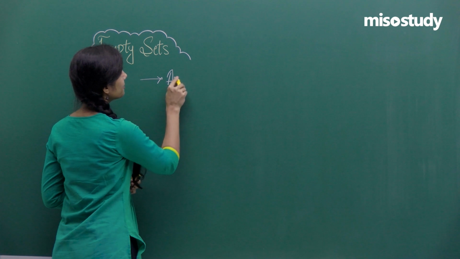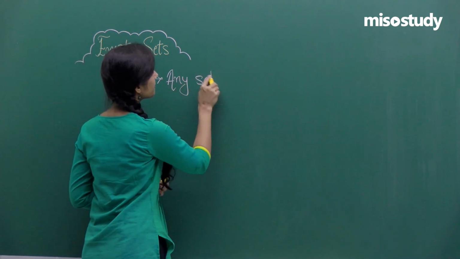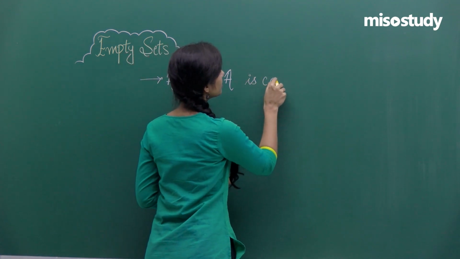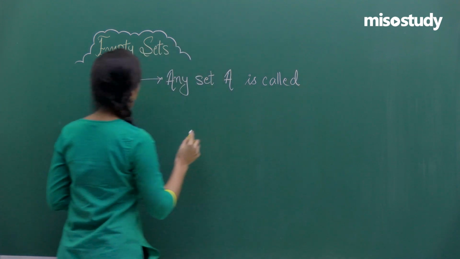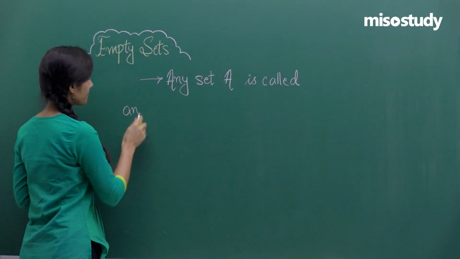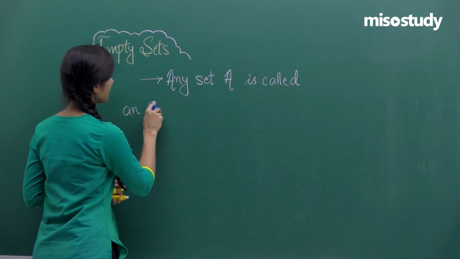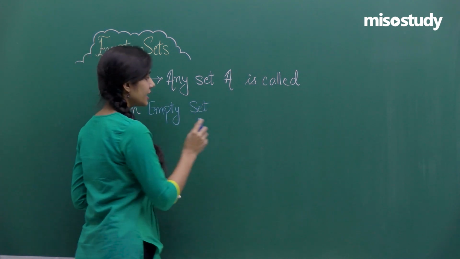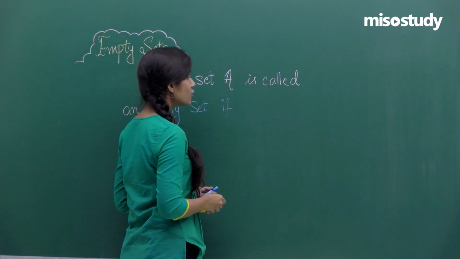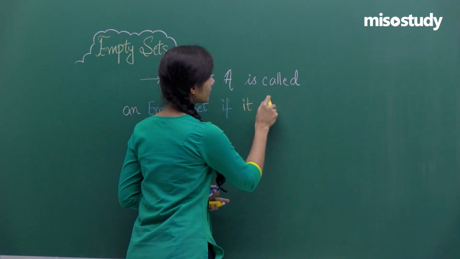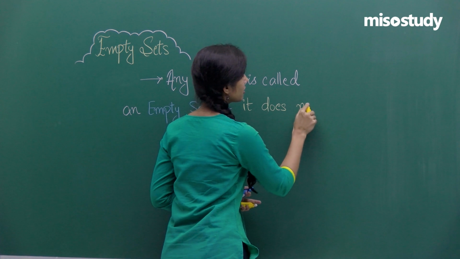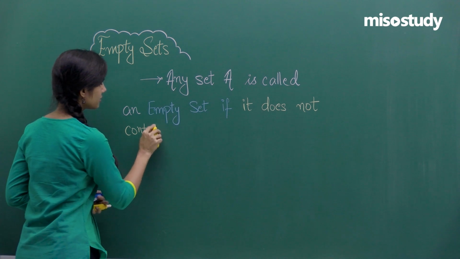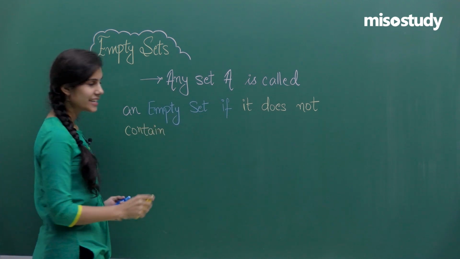Any set A is called an empty set if it does not contain any members inside it.